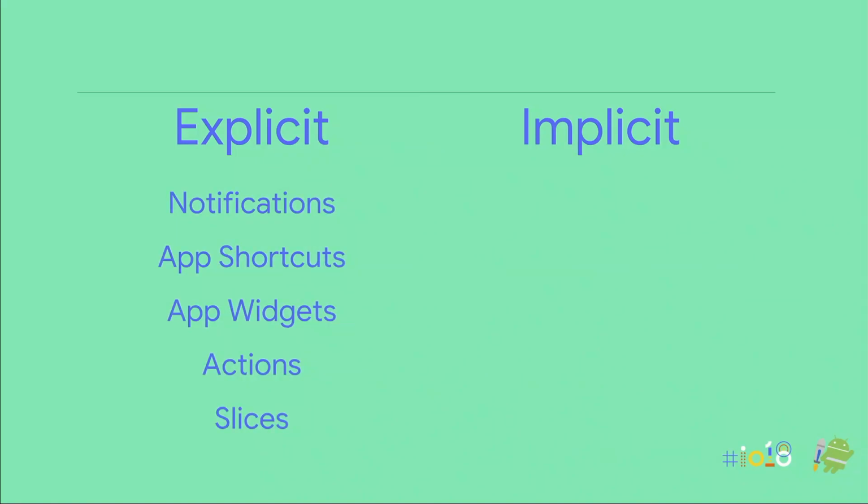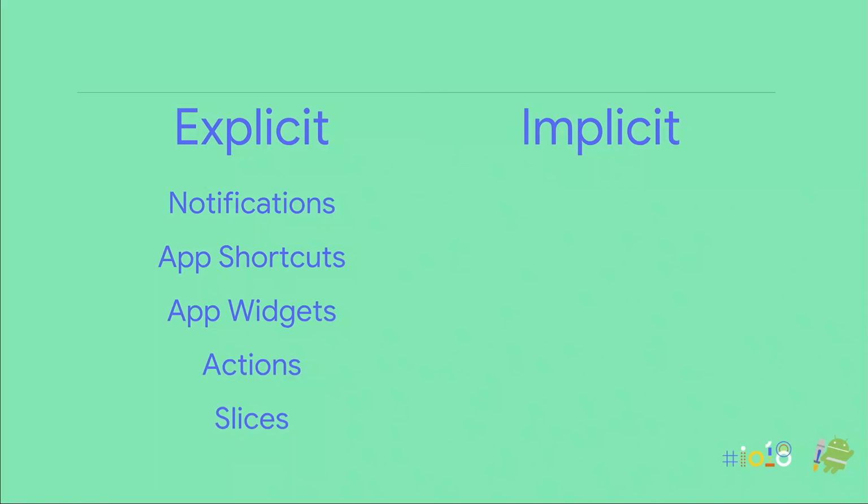So for navigation, we really made deep linking a first-class citizen in our structure. There are really two kinds of deep links. The explicit kind: these are things like notifications, app shortcuts, app widgets, and the new actions and slices, things that you create and are usually PendingIntent-based.